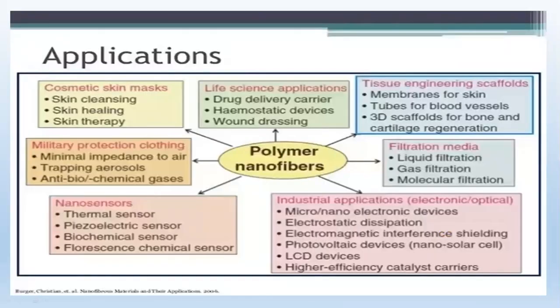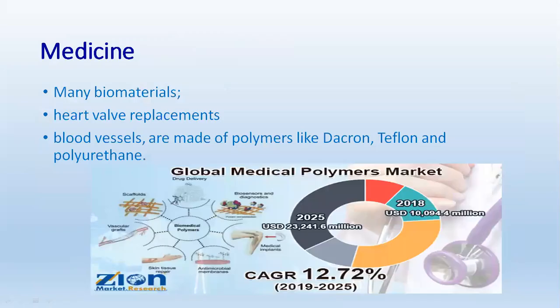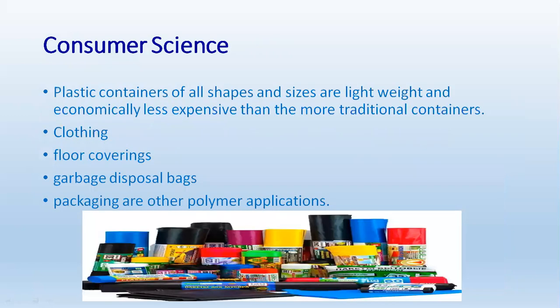Here you can see applications. Medicine: many biomedical devices, hip replacement, blood vessels are made of polymers like Dacron, Teflon, and polyurethane.